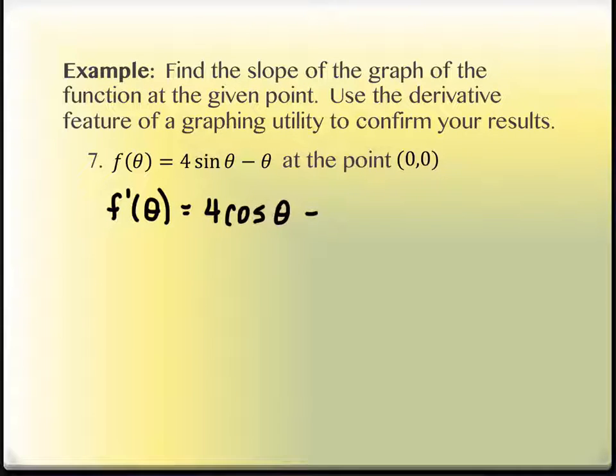It's like saying minus x. It's linear, right? So its coefficient is its derivative. What's the slope of y equals x? Well, it's 1. So what's the slope of y equals theta? It's 1, because the coefficient is the number in front, 1. It's just the coefficient when it's a linear term.